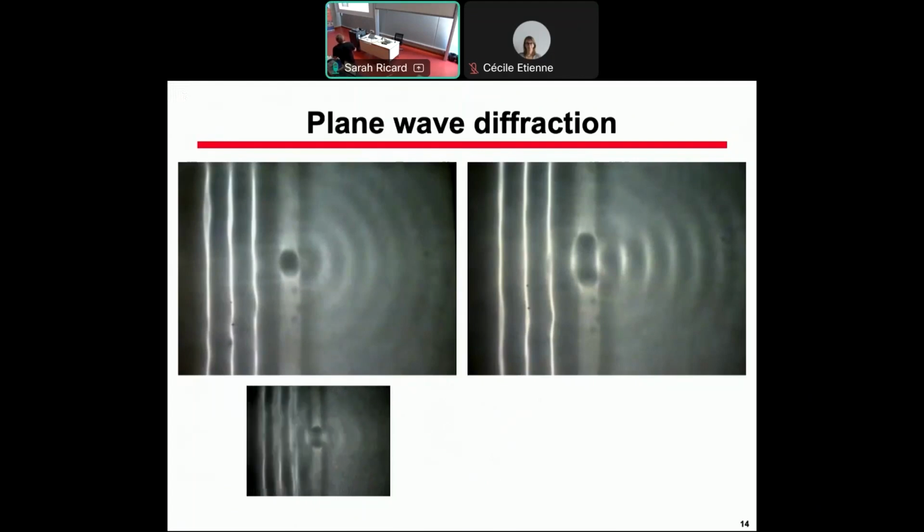It's very easy to understand. If I open the hole, look, it's reinforced here, it's flatter. If I go there, it's still circular, but it's reinforced. And it's logical because if I open the aperture entirely, there is no hole, so I should have a plane wave. So there is really a continuous transformation from plane wave to spherical wave and reciprocally.